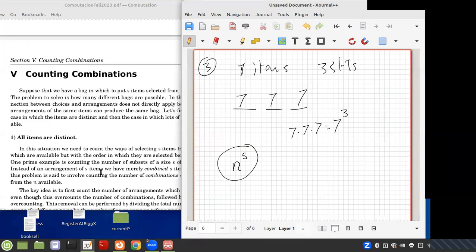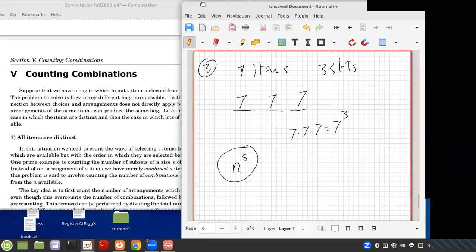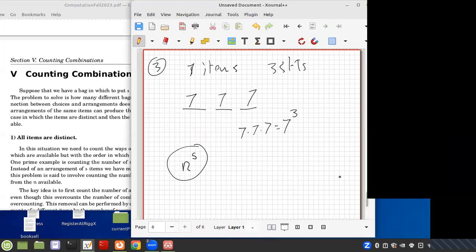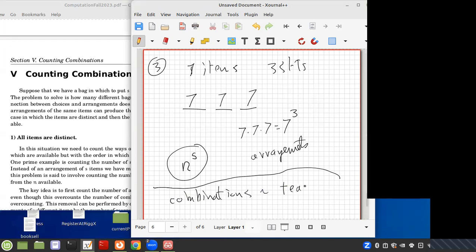Now, that's what we want to do with sequences, right? But there's another one. These were counting arrangements, and now we're going to count combinations. Think of this as teams. Let's say you have 10 people and you want to choose a team of 5 people. Well, you're not choosing a sequence.